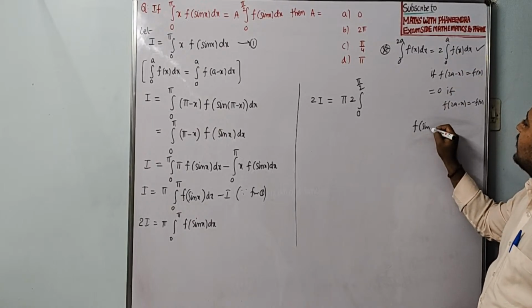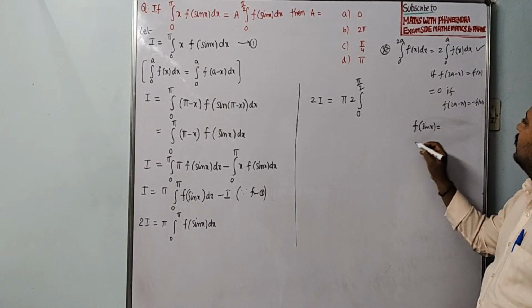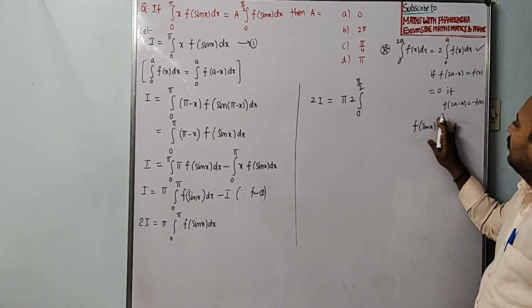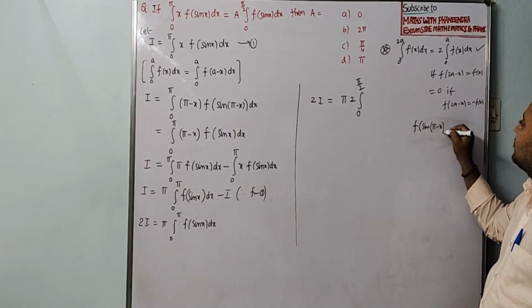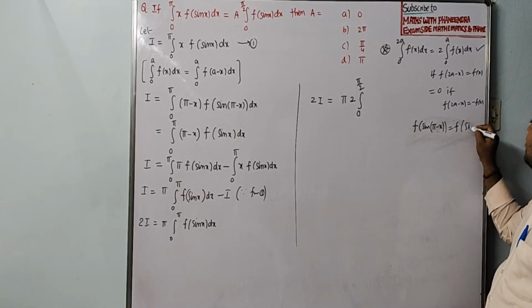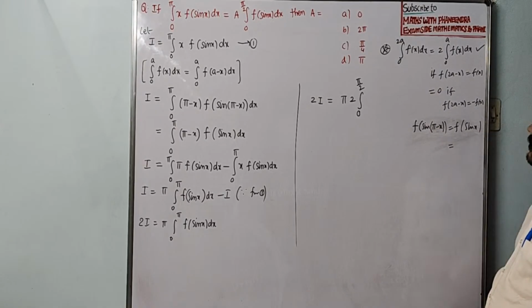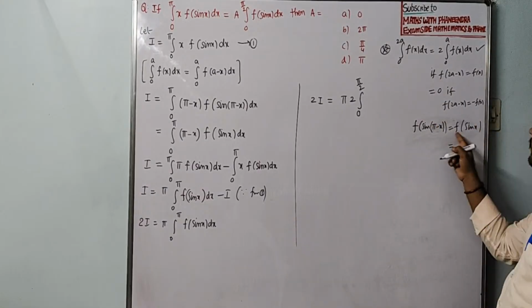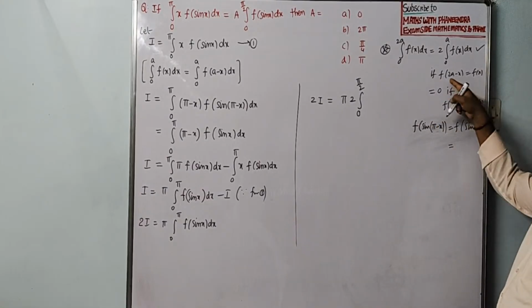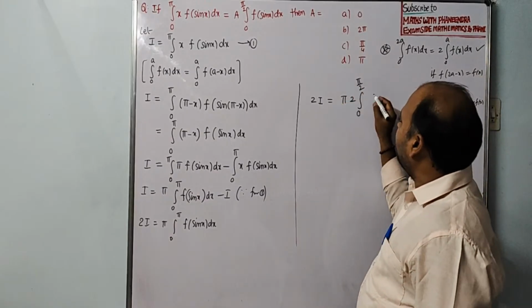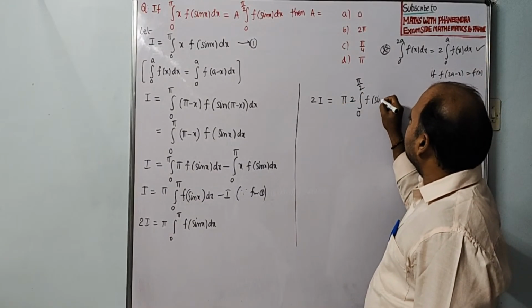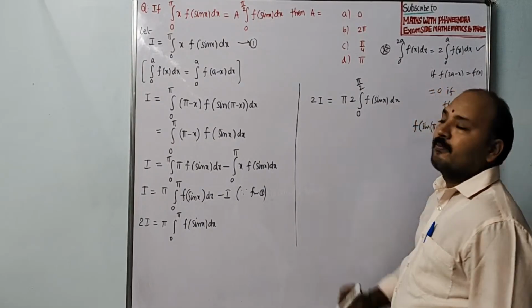f of sin x, where 2a is equal to pi minus x. Is f of sin x equal to f of x only? f of sin of pi minus x equals f of x means we are getting the same thing. That is the reason for 2 times the integral from 0 to half of the upper limit of f of sin x dx.